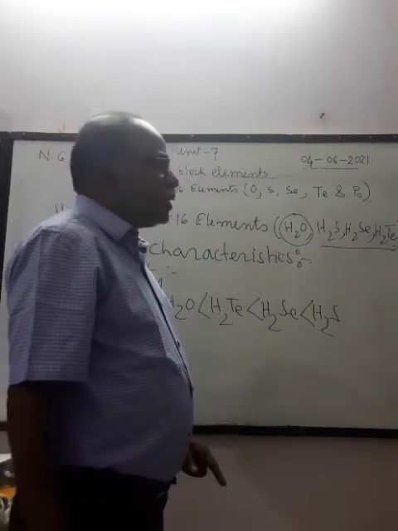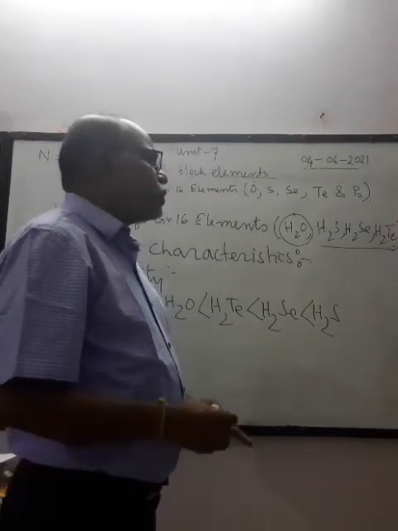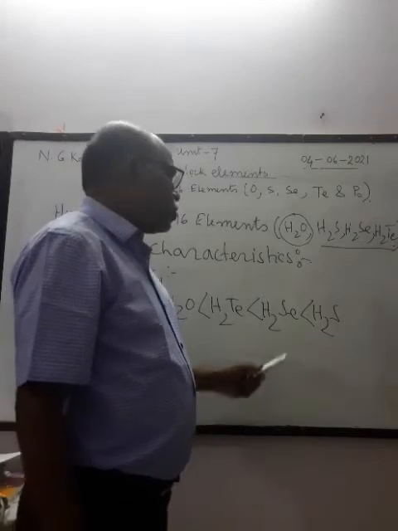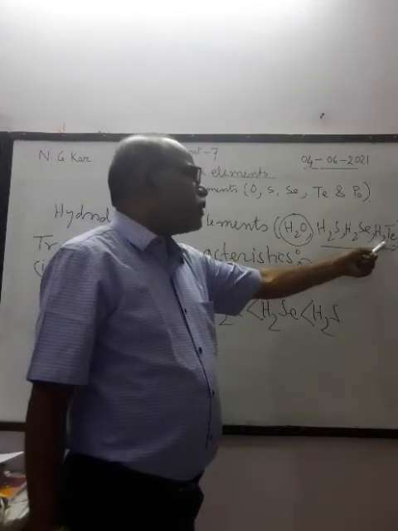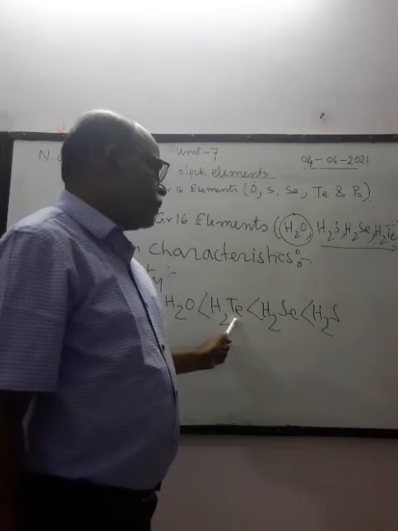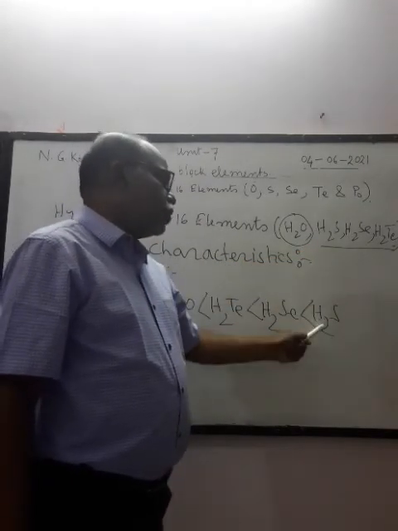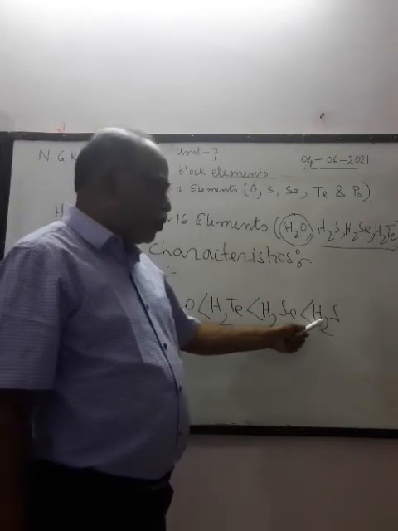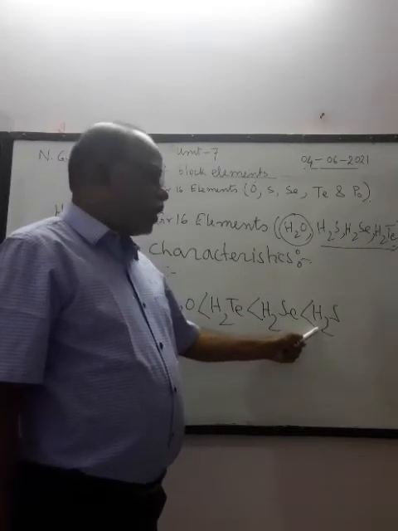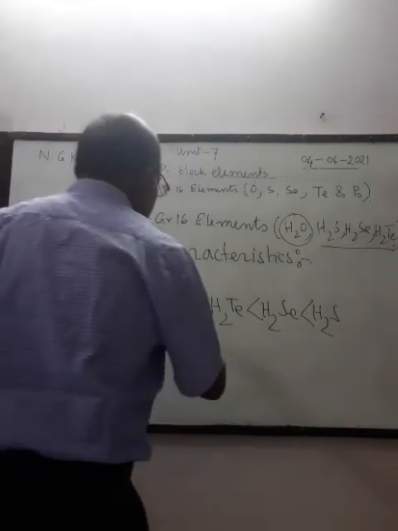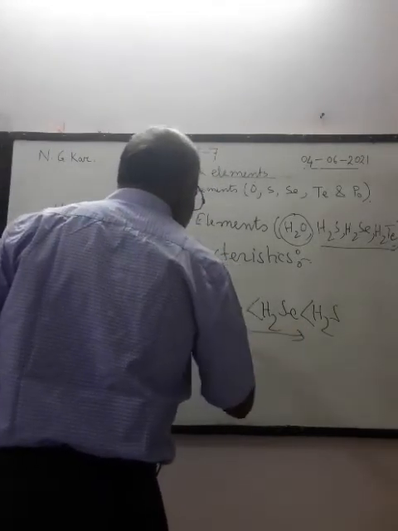So the deciding intermolecular force is van der Waals force, which depends on size and mass. Size and mass are highest for H2Te, then H2Se, H2S, and least for H2S. So the intermolecular force is least, hence most volatile. This is the order of volatility, and volatility increases in this order.